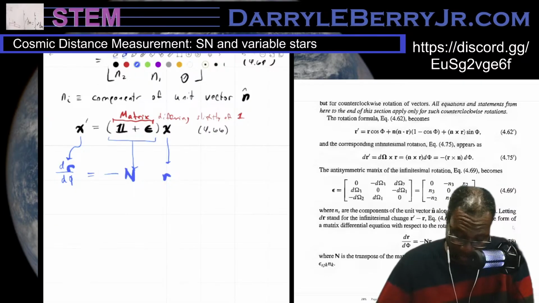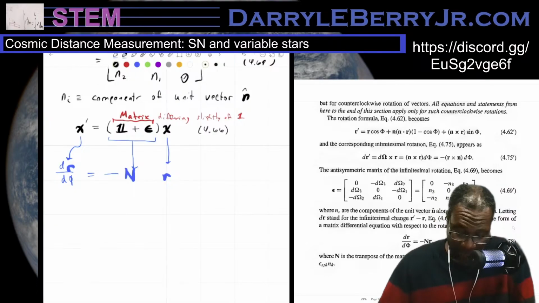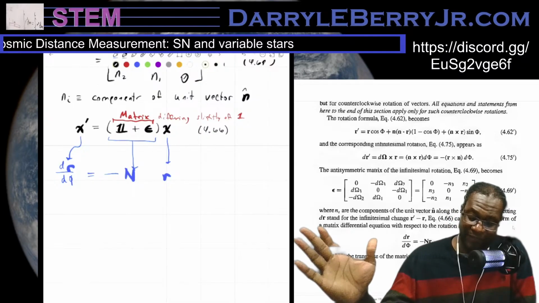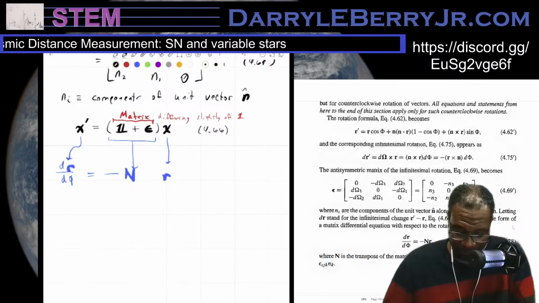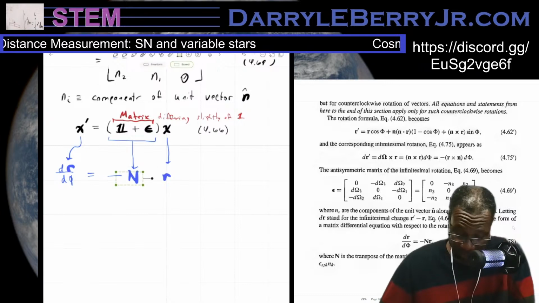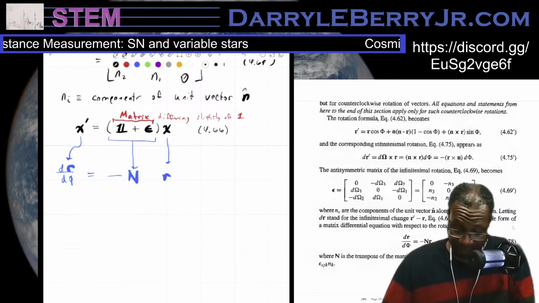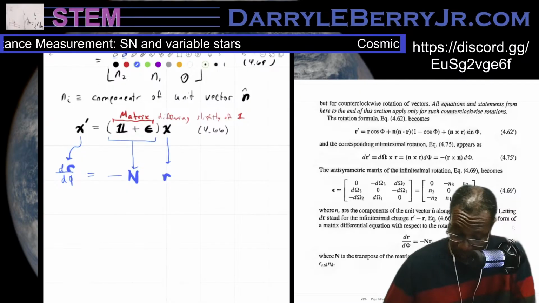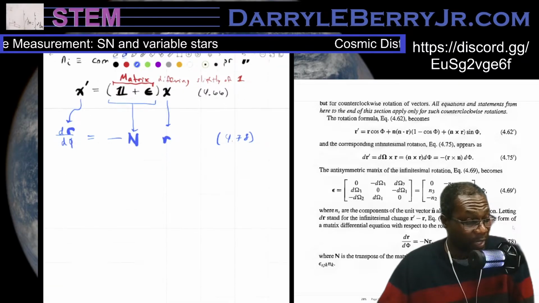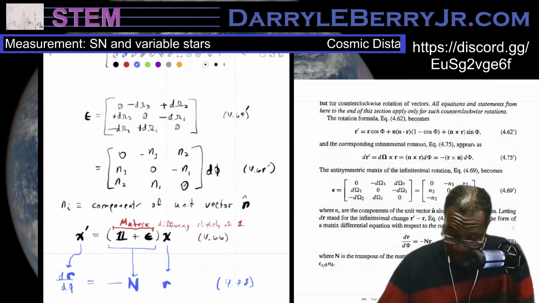That makes sense because this is r prime. The prime is r changed by a certain amount. That's why the axis changes by phi, and that's how it becomes r prime. So that's dr changed by d phi. N is a matrix, this matrix N, and r is the original vector, where N is the transpose of the matrix on the right in equation 4.69.